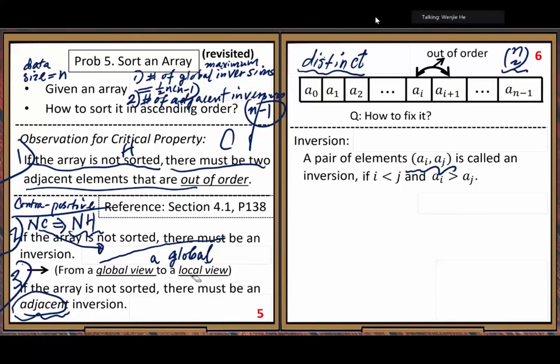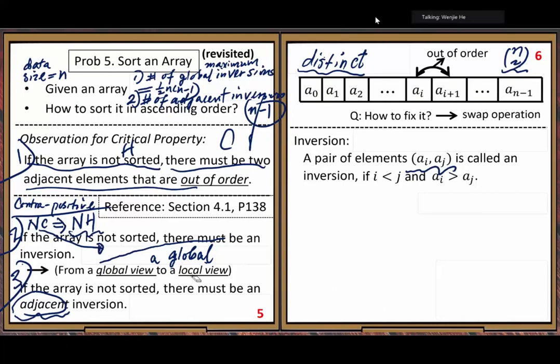So next, we will do the swap operation. Whenever we detect one inversion, we swap the two elements in this inversion. Then the inversion is gone. Then another detection of inversion, another swap, and so on. Eventually we will get the whole array sorted. That's the idea.